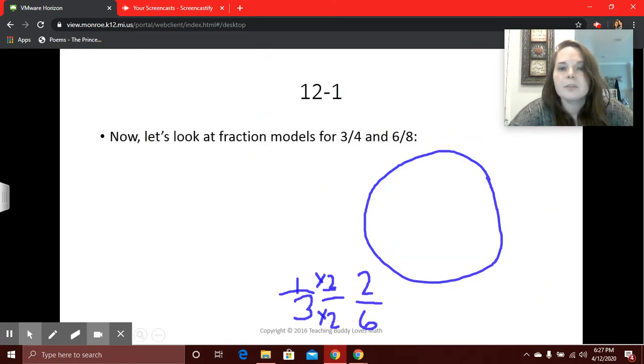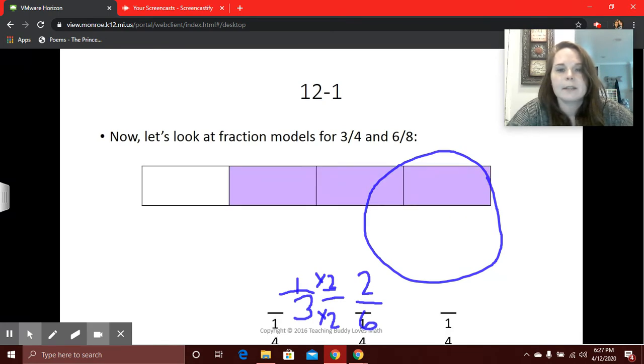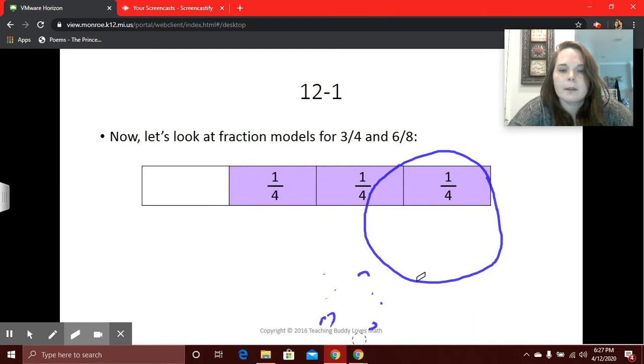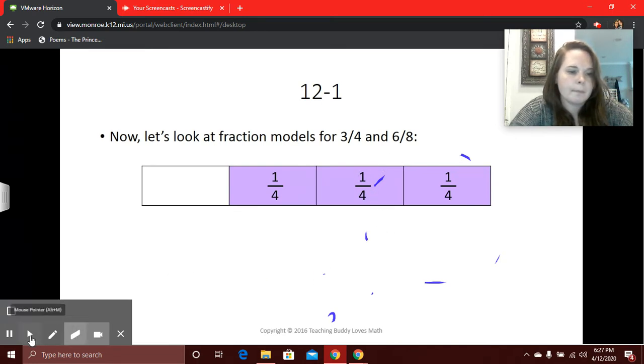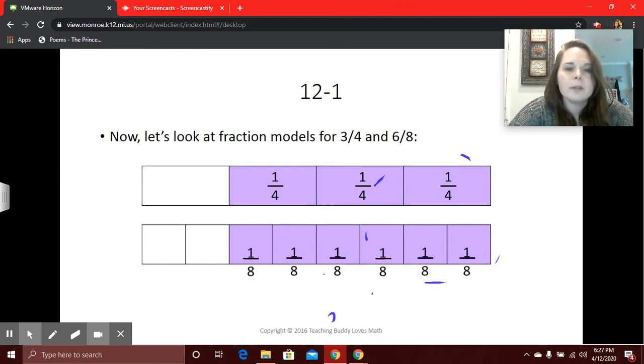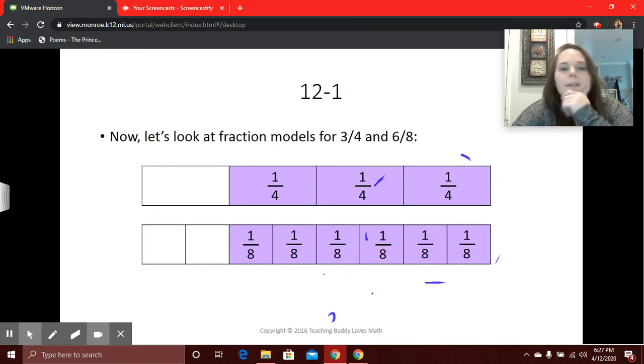Now let's look at fraction models for 3/4 and 6/8. So I'm going to erase this part off here for you. So we've got our 3/4, and let's get 6/8 up here. And what do you notice about 3/4 and 6/8?